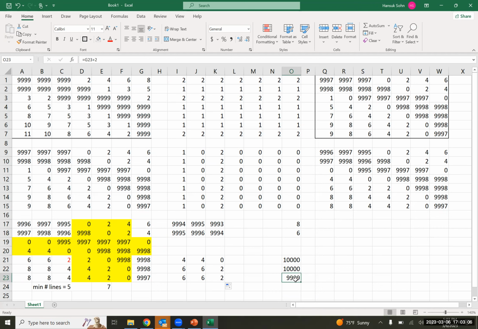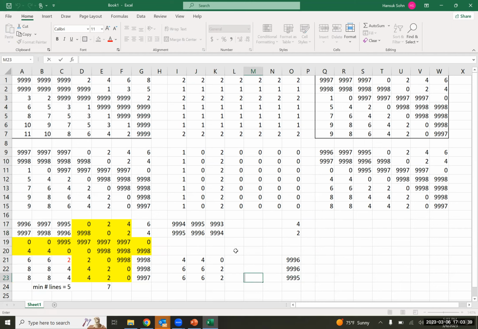How come I have, oh, it's gonna be negative 2, not the positive 2. And this one too. How about this? Yeah, I got the right calculation. Okay.